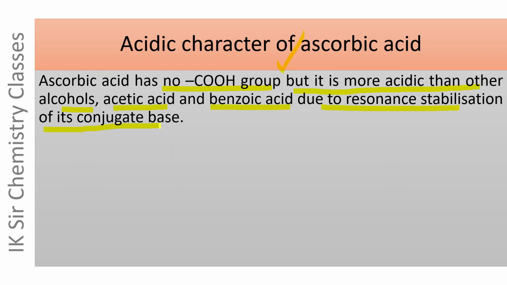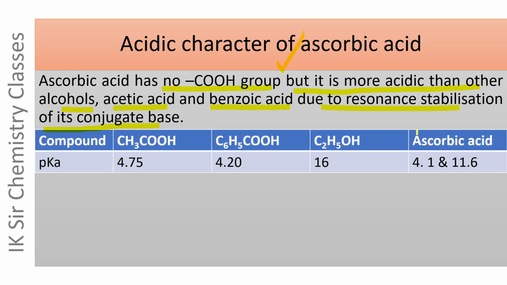As we have seen earlier, there is no COOH group in ascorbic acid, yet it is more acidic than alcohols and most of the carboxylic acids, and this is due to the resonance stabilization of the conjugate base of ascorbic acid as explained below.